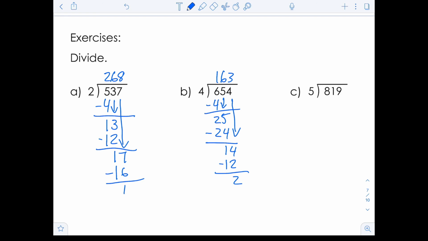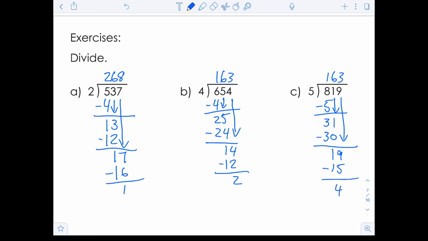And for question C, 8 divided by 5 is 1. 5 times 1 is 5. Subtract 3. Bring down the 1. 31 divided by 5 is 6. 5 times 6 is 30. Subtract 1. Bring down the 9. 19 divided by 5 would be 3. 5 times 3 is 15.